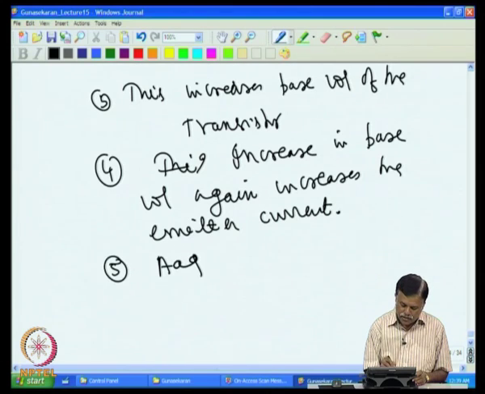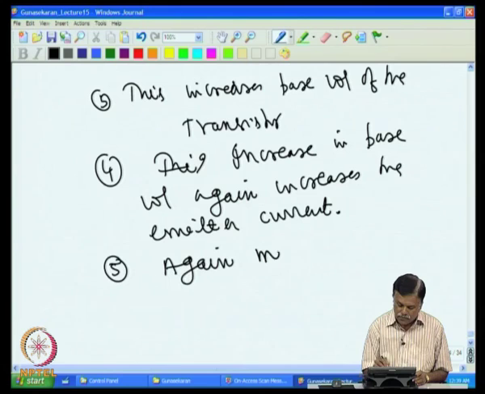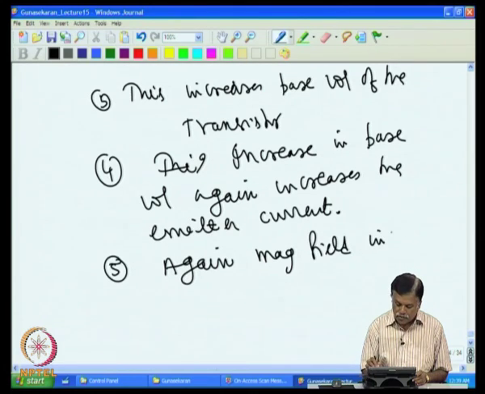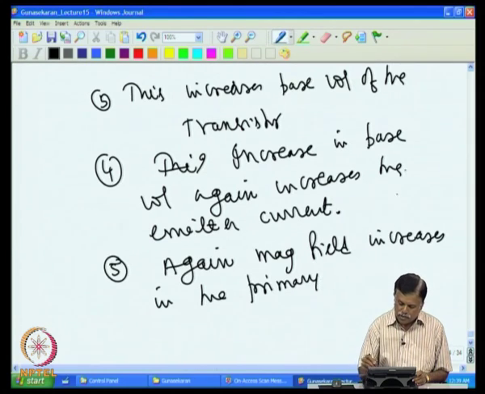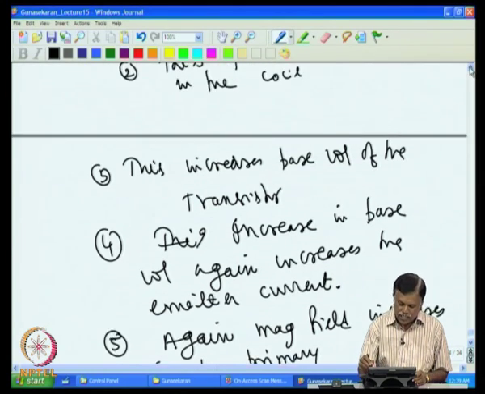Again the magnetic field increases in the primary. So, that is the cyclic effect.